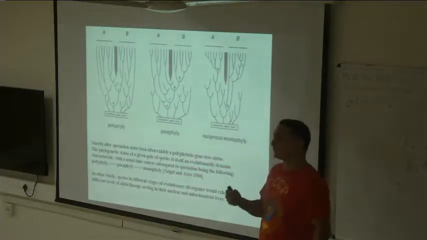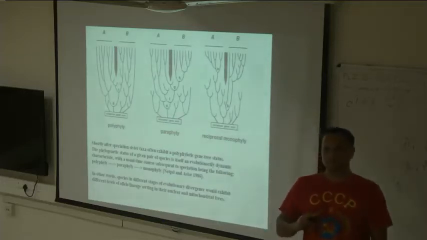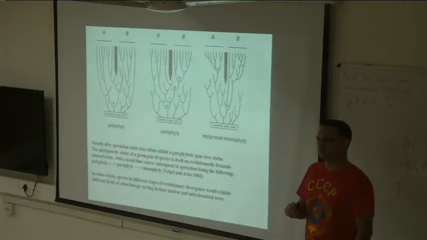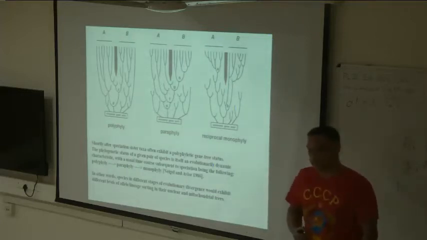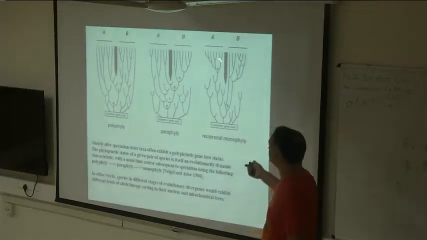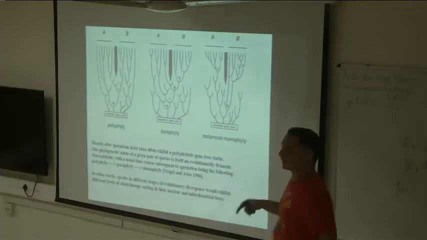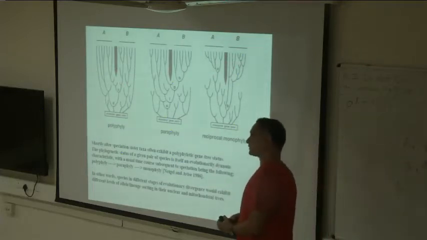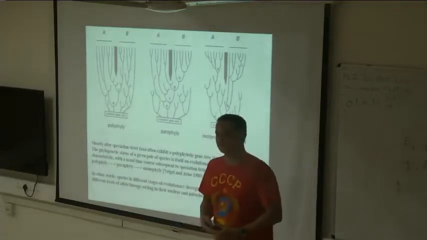What are the other reasons for discordance between different genes? So we've talked about deep coalescence. We've talked about incomplete lineage sorting. So this is incomplete lineage sorting. Here the lineages have sorted according to the species. Any other thoughts on how this could occur?